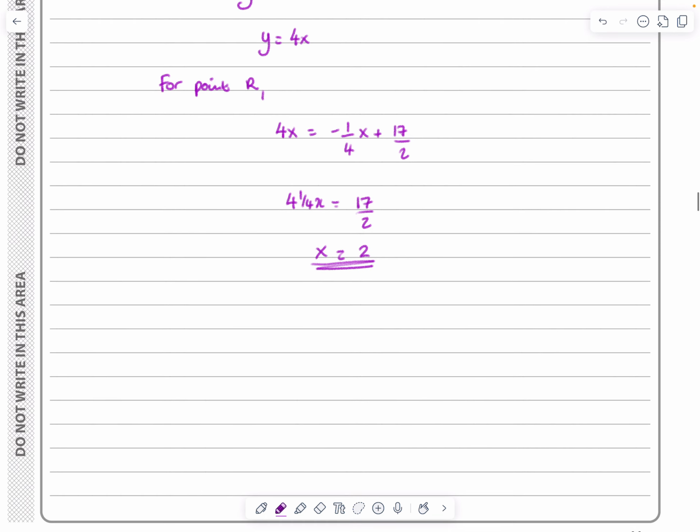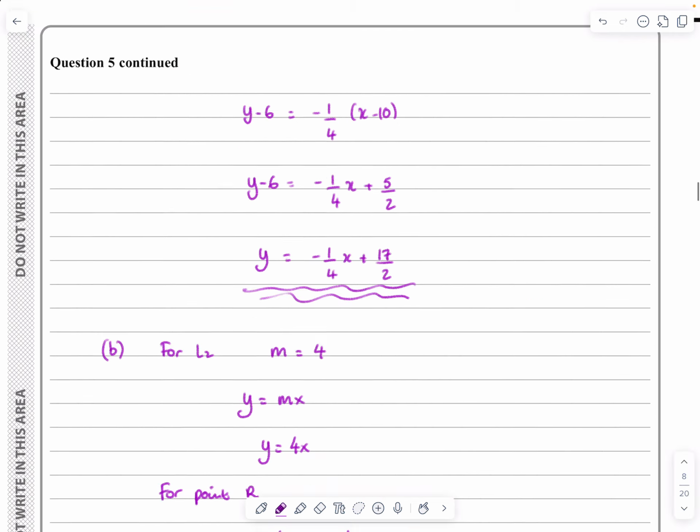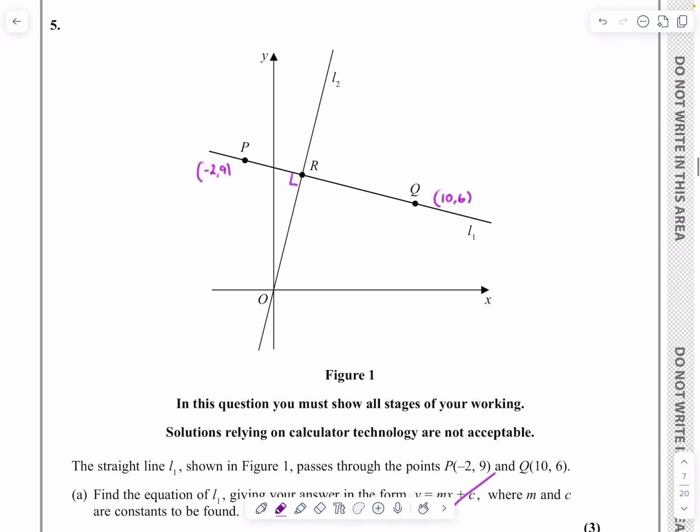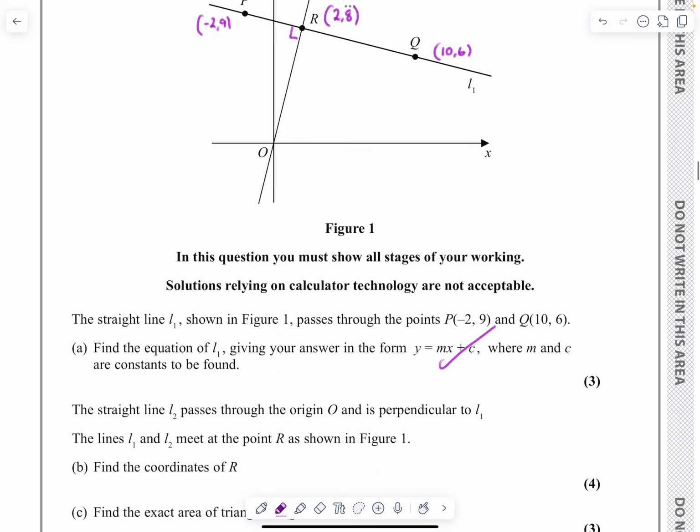And if x is equal to 2, in order to work out the y coordinate, I'm going to use y equals 4x, so y equals 4 lots of 2, y equal to 8. So R is the point 2, 8. And let's go back and put that on our diagram now. We know this is the point 2, 8 on here.